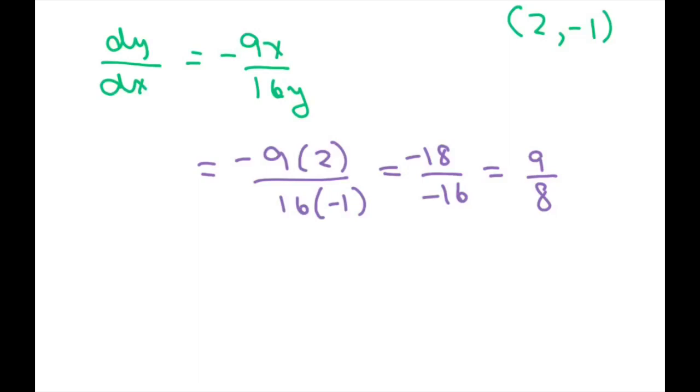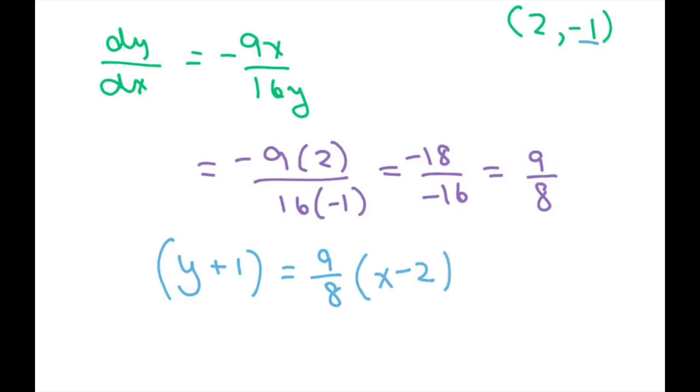So that's your slope. And now we're going to use the point-slope formula to find the equation of the tangent line. So we have y minus a negative 1, which is going to be plus 1, equals your slope times x minus 2. Now in this case they want the equation in standard form.